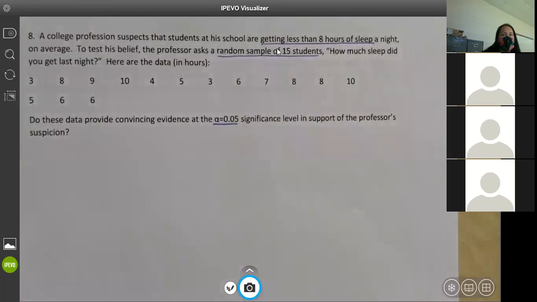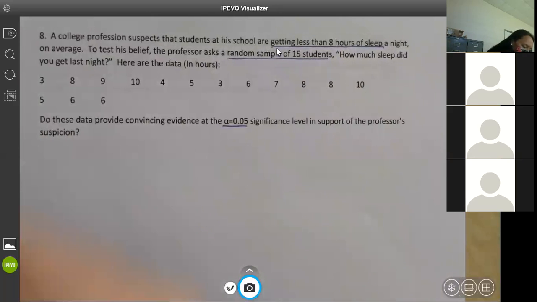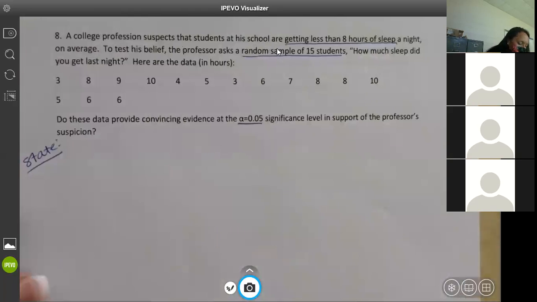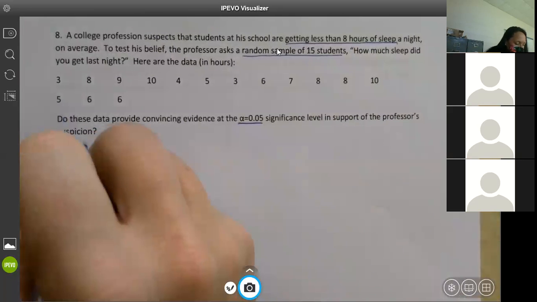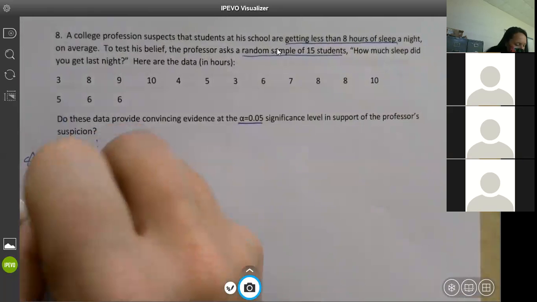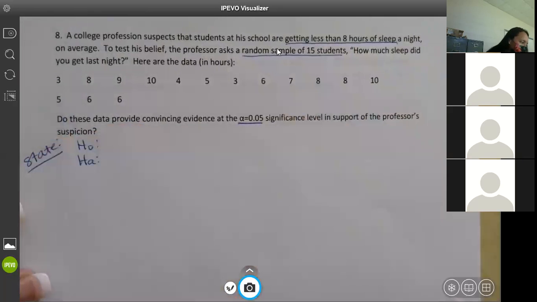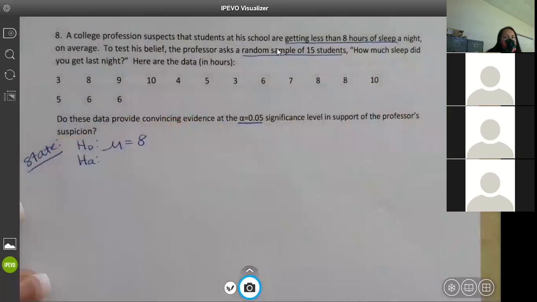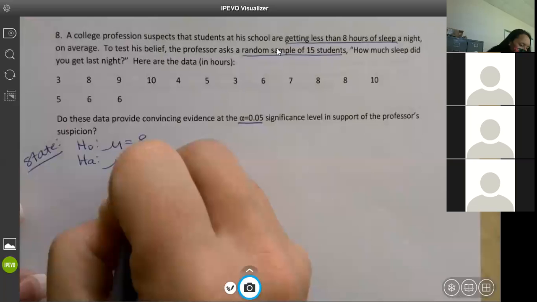Okay. So this is a state, plan, conclude. Same concept. What do we need in the state? So our hypothesis this time is going to be mu. And he thinks that most people should get 8, but we're saying that they get less than 8.